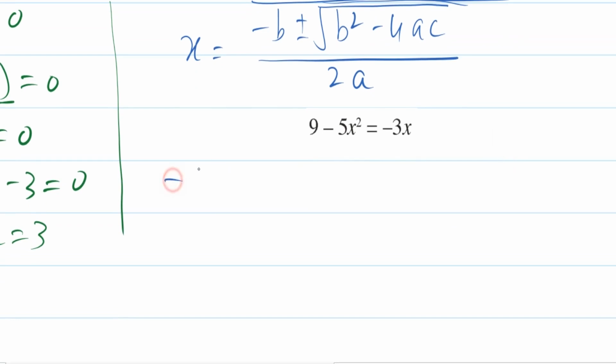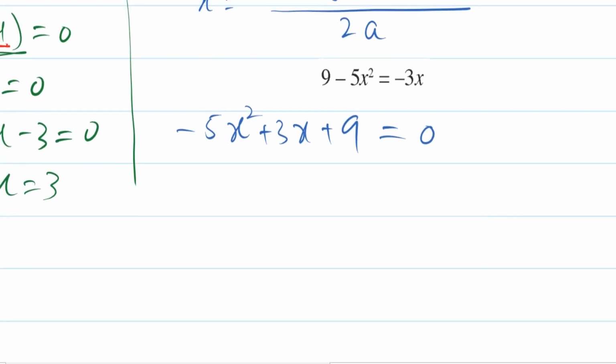That will become minus 5x square plus 3x plus 9 is equal to 0. I think we use this equation in another question too, so it would be better if I make the coefficient of x square positive. Actually, it doesn't matter whether you change it in this case or not.